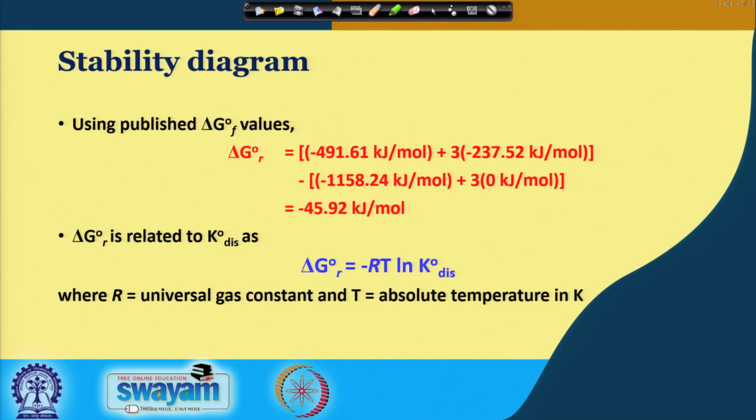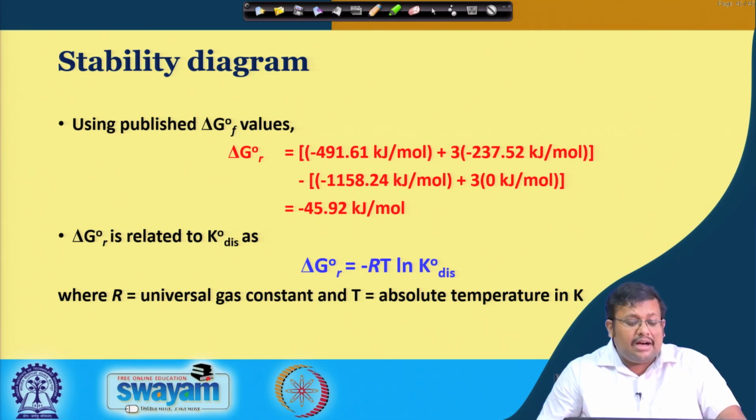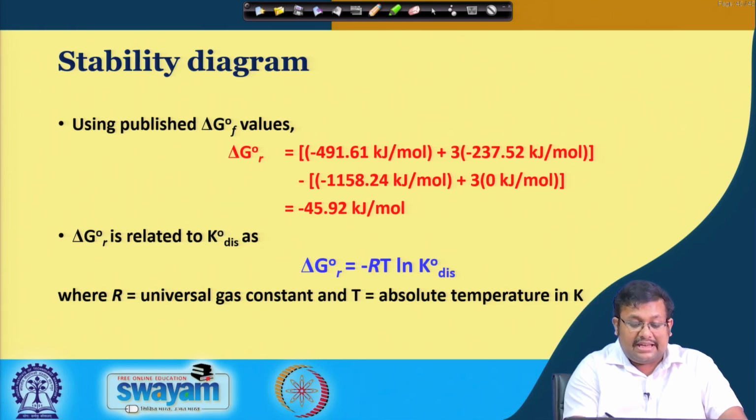we can use the published values of the free energy of formation, which we can see is minus 45.92, and use this formula of the free energy of the products and the free energy of the reactants.